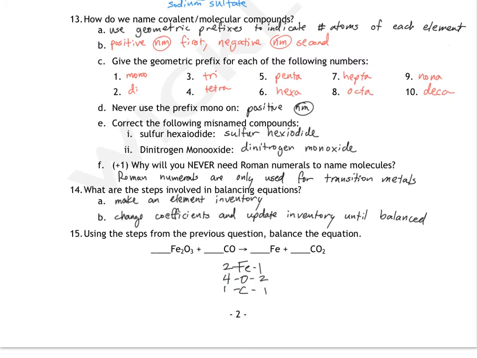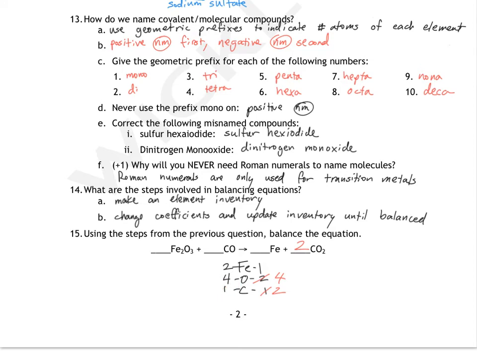So I'm going to go up here to the oxygen-containing molecule CO2, and I'm going to put a 2 in front of it. And that's going to give me a total of 2 carbons and 4 oxygens. So I was able to balance my oxygen, but I did mess with the carbon. So now I have 1 carbon where I used to be balanced, and now it's not enough.